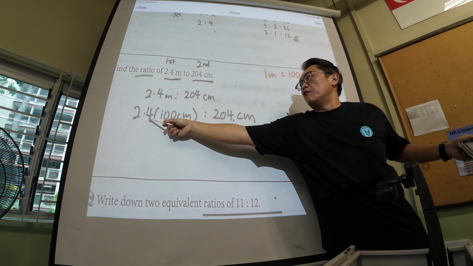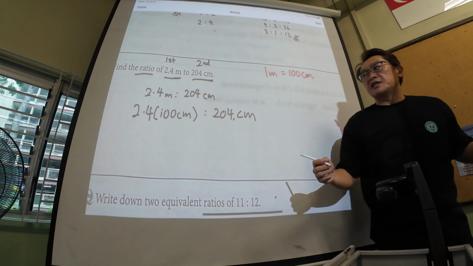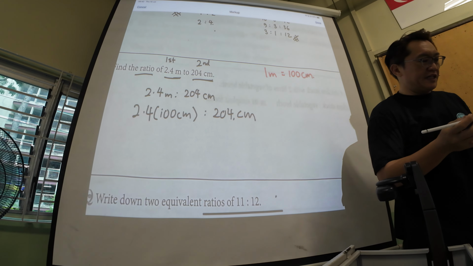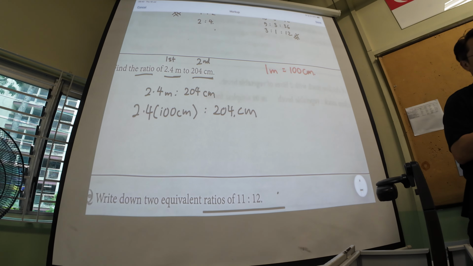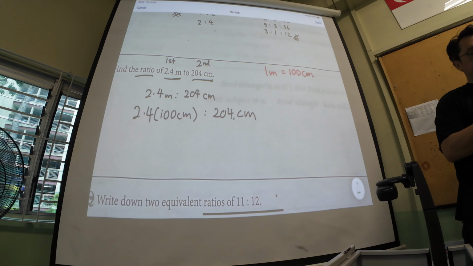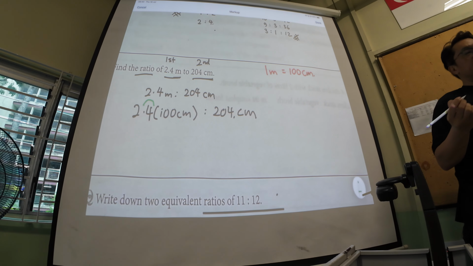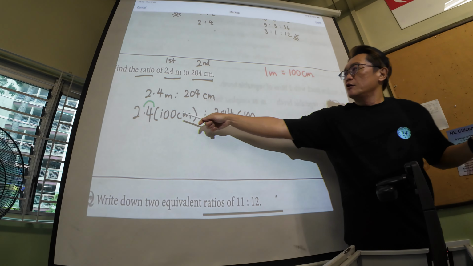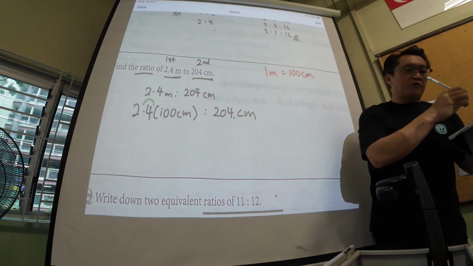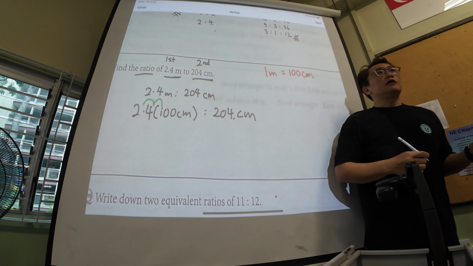Then after that you can convert from meter to centimeter already. Then 2.4 times 100, we move the decimal point 2 times to the right. Okay? Every time I times 10, this is like moving the decimal. Because times 10, 2.4 becomes 24. Times another 10, it will come to 240.